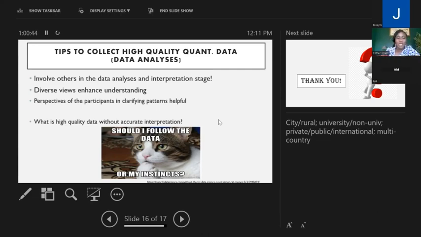The glasses we wear, right? And so it's important that we have multiple viewpoints to help us center the results.